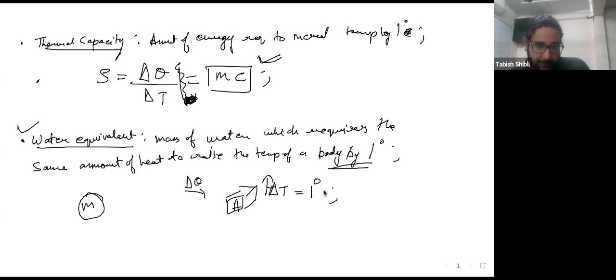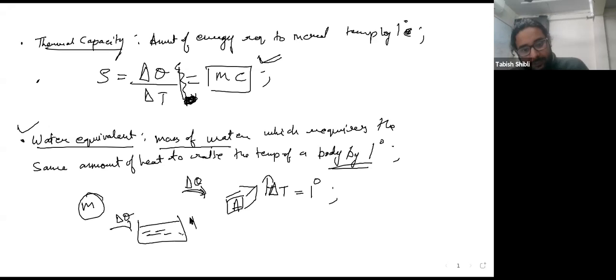This temperature increased when I supplied this amount of energy. Now, water equivalent is essentially कितना mass of water चाहिए होगा. So you take some water. So what is the mass of this water such that if I give delta Q energy, इसका भी temperature 1 degree से ऊपर जाए.